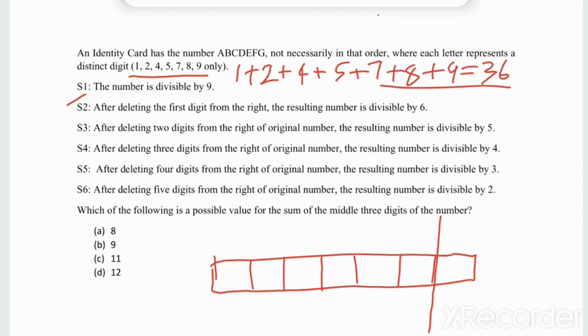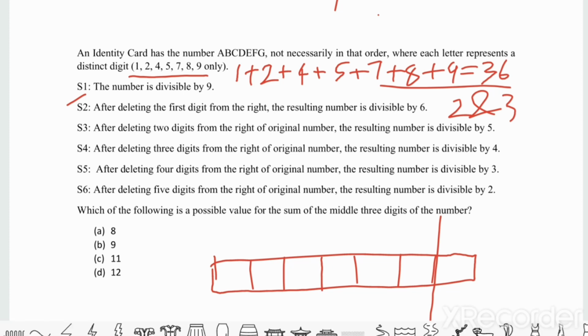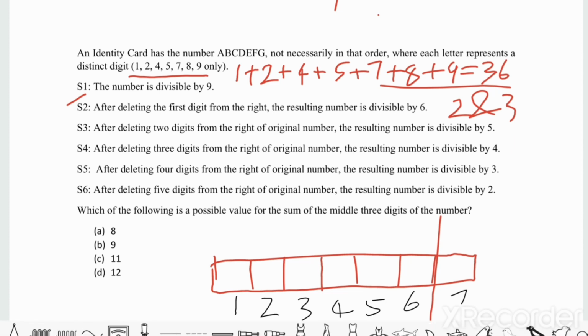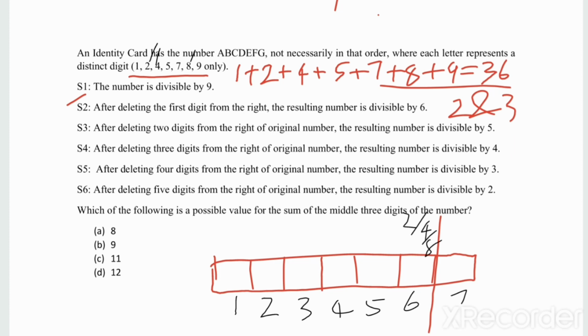If the number is divisible by both 2 and 3, then the number is divisible by 6. That means to be divisible by 2, the last digit should be an even number. So suppose this is the first one, second, third, fourth, fifth, sixth, seventh. Then this sixth digit is an even number. Even numbers in the lot are 2, 4 and 8. So here it should be either 2 or 4 or 8.